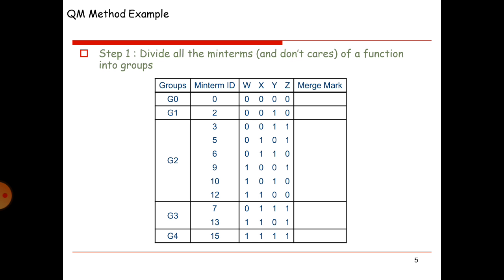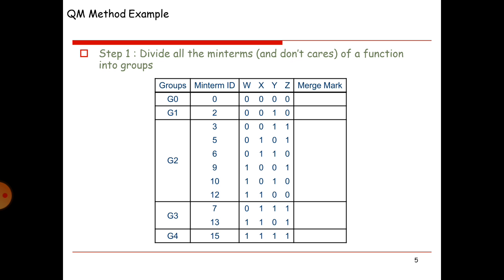So 0 means we have 4 zeros. For the number of ones, only the minterm ID 2 has only 1 one. The remaining have 2 ones. The 2-ones minterm IDs are 3, 5, 6, 9, 10, 12. So these are the number of 2 ones minterm IDs.